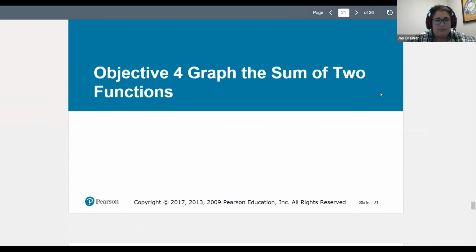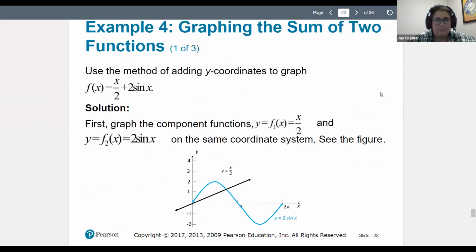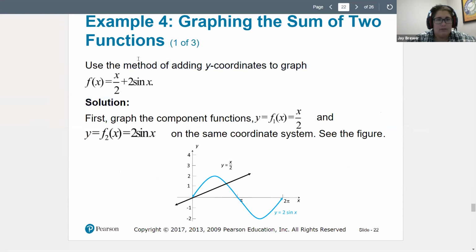Okay, the sum of two functions. We use a method of adding y coordinates to the graph. So the first graph, the component functions are y equals f sub 1 of x equals x over 2. You can see that from what you were given.